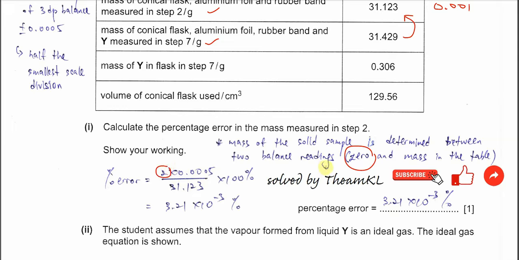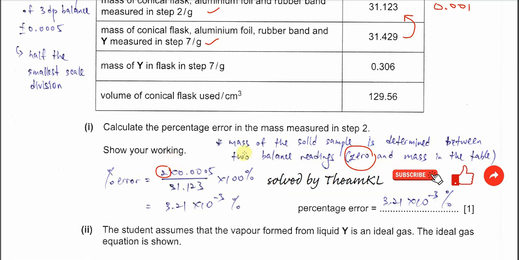It's actually 2 balance readings. Before we put the sample, we actually read the balance once, even though it's 0. So this is considered as one time. And of course the other time is the actual mass reading. So that's why here it is times 2.